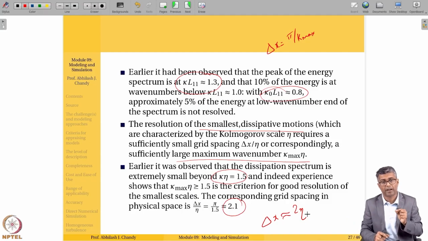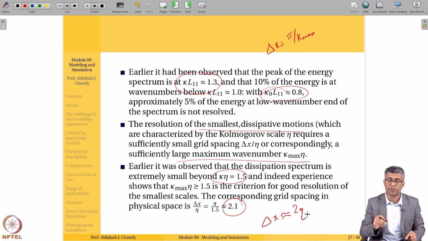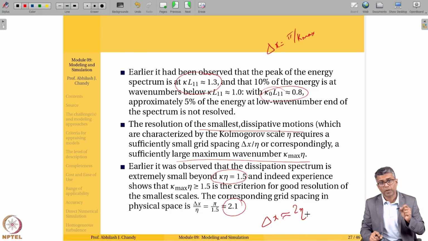The smallest scale we think is the Kolmogorov scale, but it is in and around the Kolmogorov scale. So what we are saying is that your grid spacing should be small enough such that the minimum value should be 2 times eta.